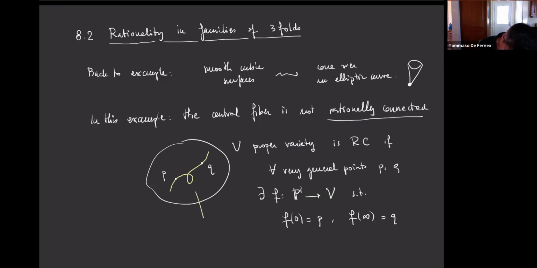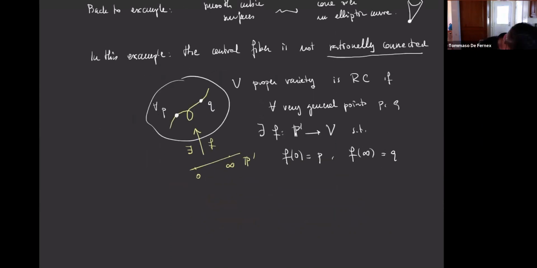There exists such an F for every P and Q. They are connected by a single rational curve.